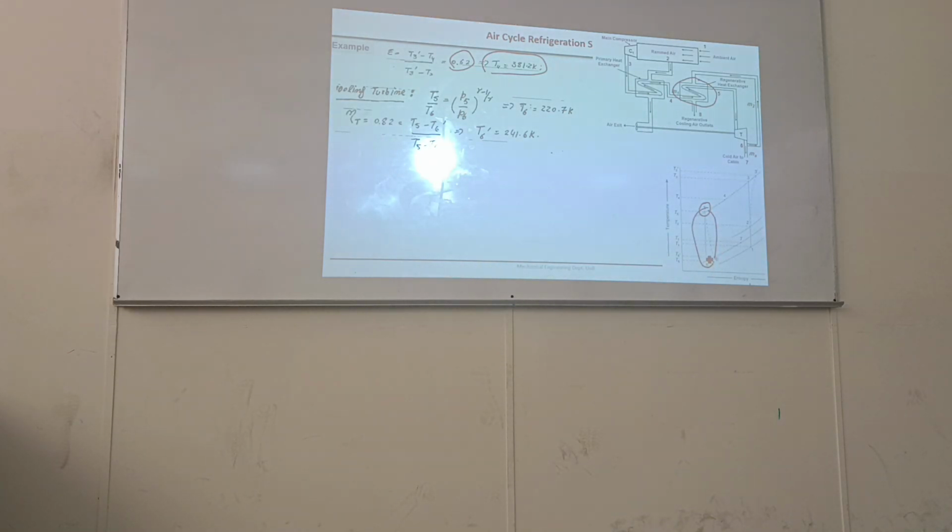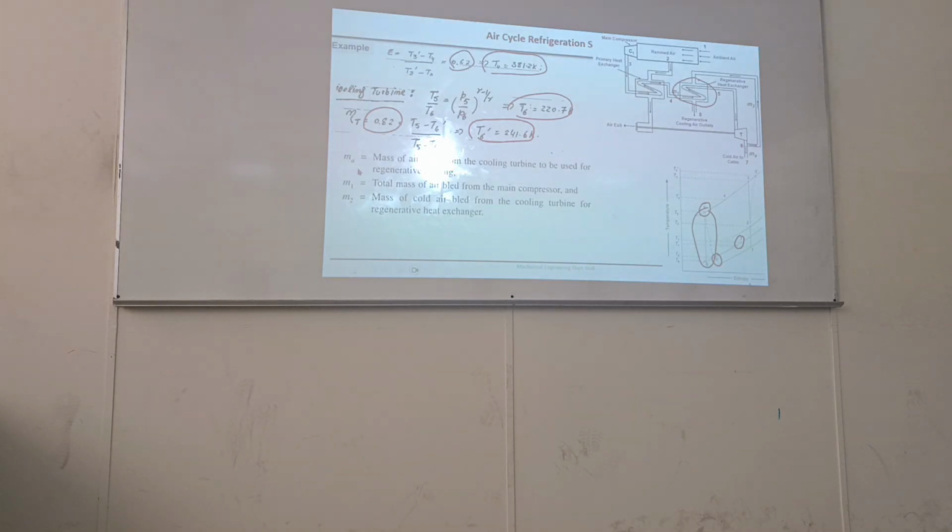So find out T6, and isentropic efficiency is given for a turbine. So find out T6 dash. Okay. So all the temperatures are now known. T7 is already given. Any questions so far?